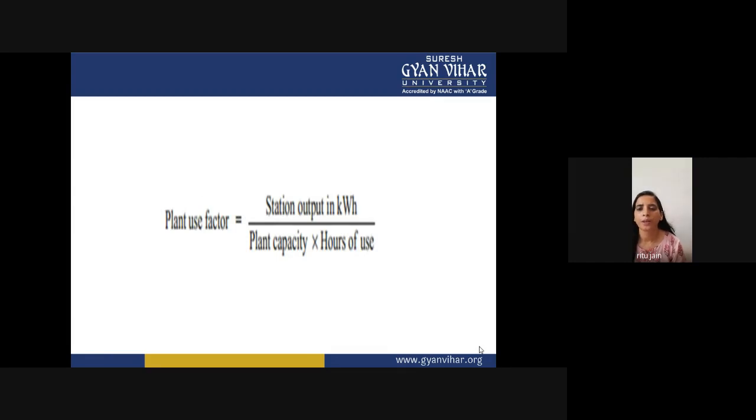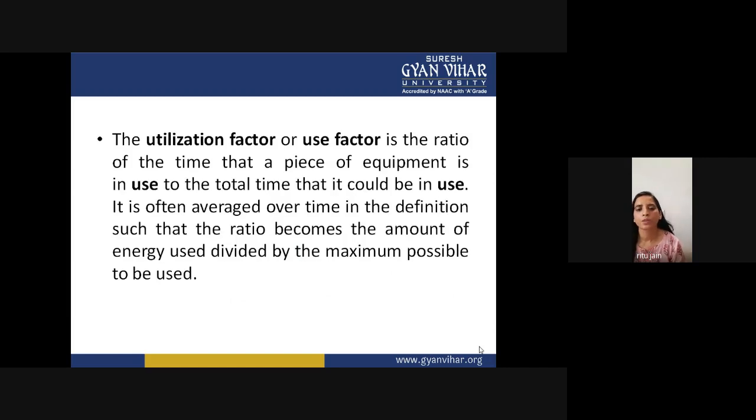Now, next is your plant use factor, which is equal to station output in kilowatt hour divided by plant capacity into hours of use. Next, we come to the utilization factor or use factor. It is the ratio of time that a piece of equipment is in use to the total time that it could be in use. It is often averaged over time in the definition such that the ratio becomes the amount of energy used divided by the maximum possible to be used.